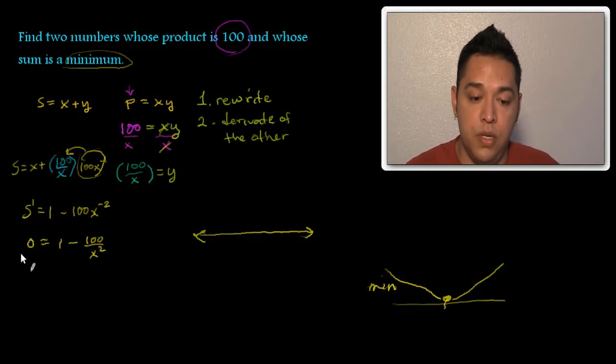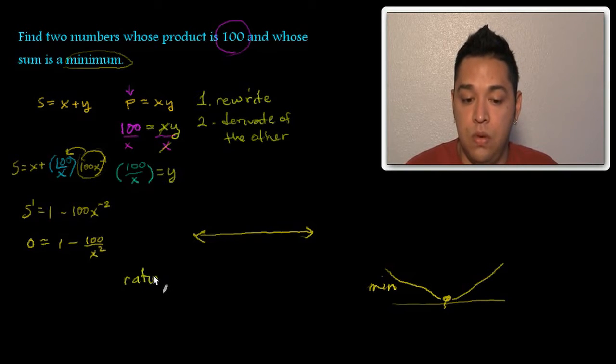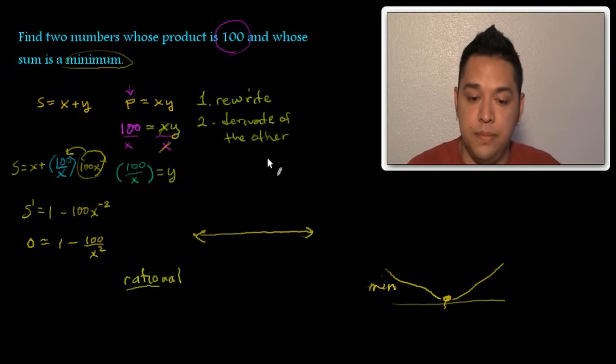Let's find our critical points. How do we find the critical points? Well, this is a rational equation, right? Because you have an x squared down here. A rational equation, again, the keyword being rational, is a ratio where the value at the bottom is typically an x.